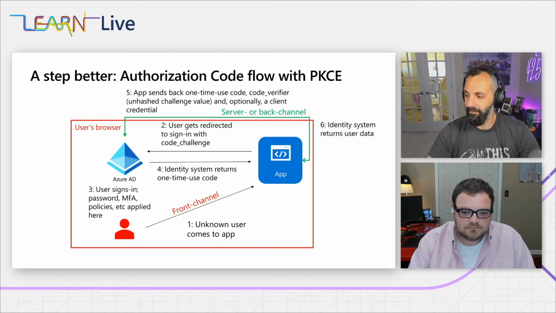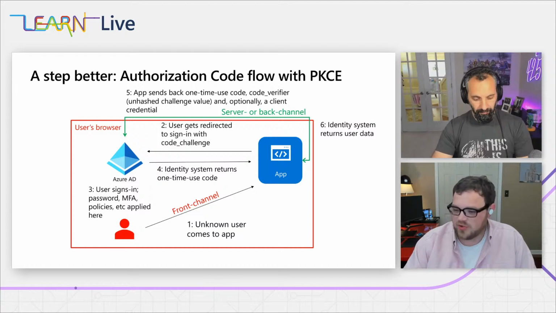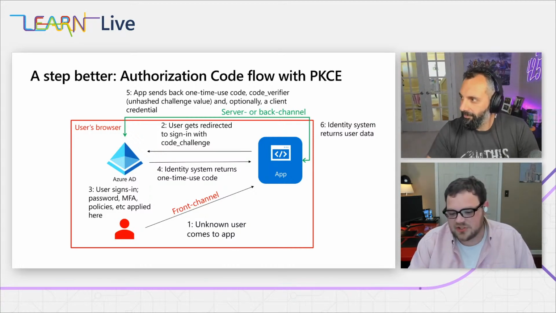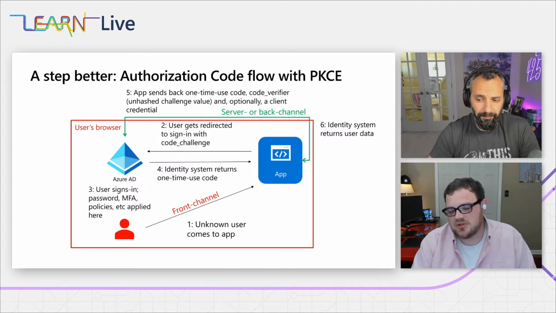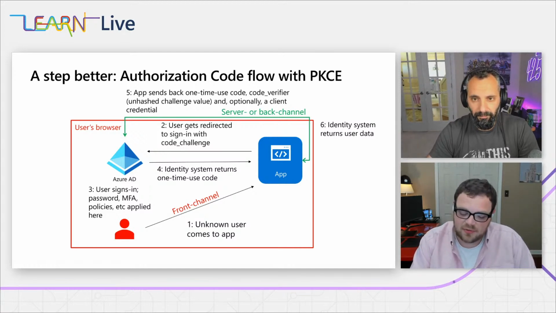Nice. The one additional thing that happens here is we use what's called a code challenge, and the code challenge is where the PKCE part comes in. Your app's going to sign or hash essentially a secret piece of data. We're going to send that over to Azure AD during the initial sign-in, and then the app's going to send that back in its unhashed form along with the one-time code that it's going to redeem.